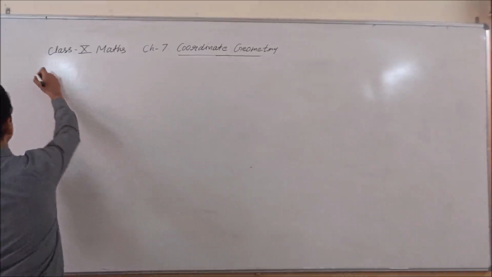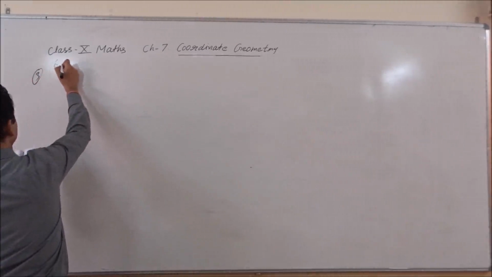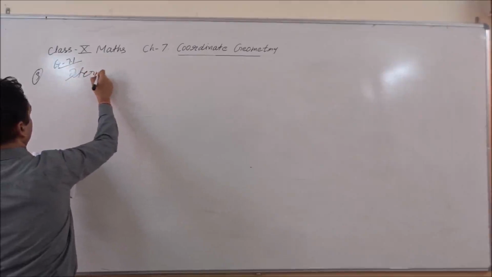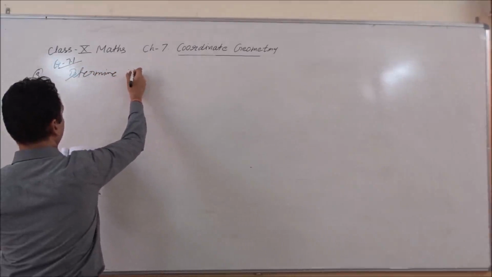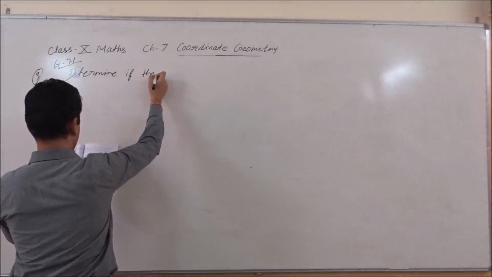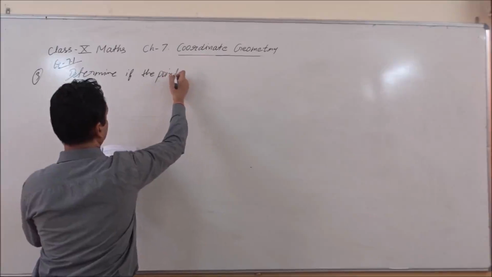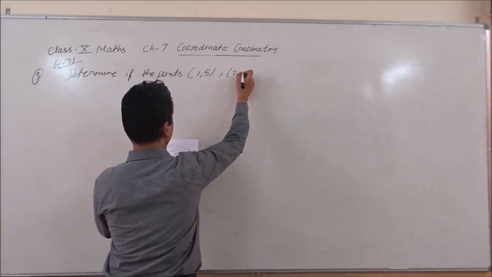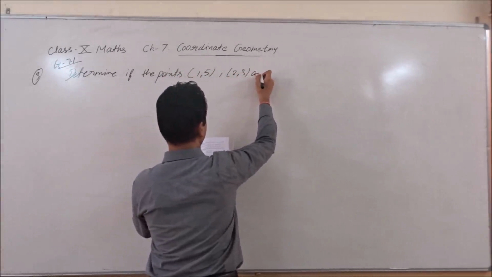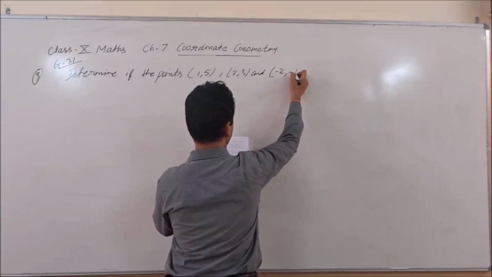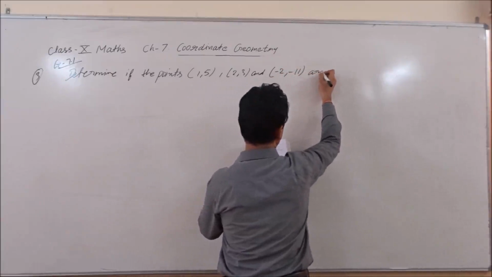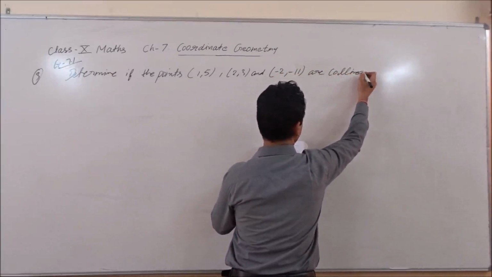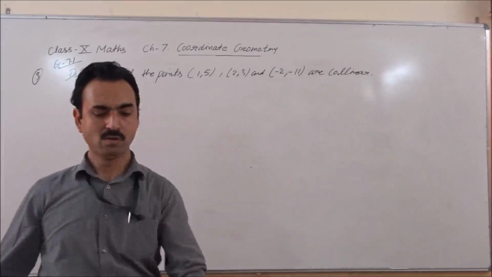Question number 3, exercise 7.1. Determine if the points 1, 5, 2, 3 and minus 2, minus 11 are collinear.